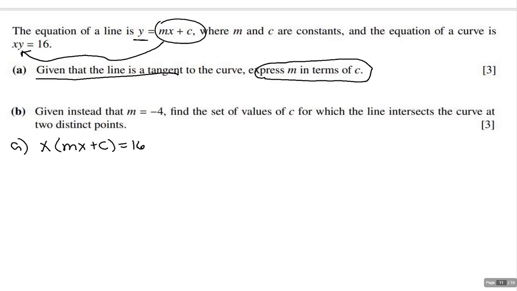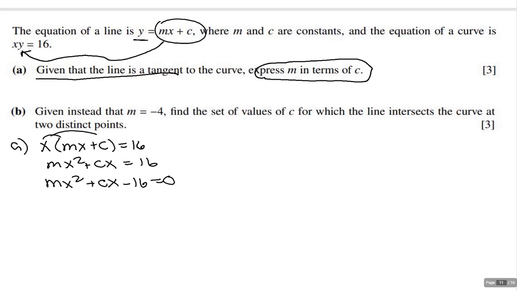That means we need to get m by itself, and there needs to be c's on the other side. So let's go ahead and distribute this. When I do x times mx, I'm going to get mx squared, and then times c, it's going to be plus cx equals 16. And then when I get it all on one side, I've got mx squared plus cx minus 16 is equal to 0.